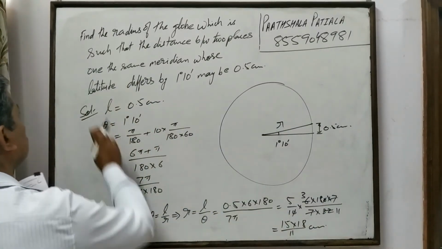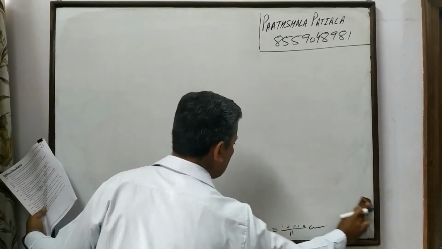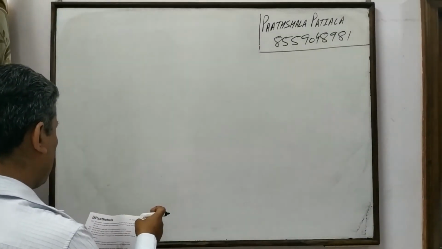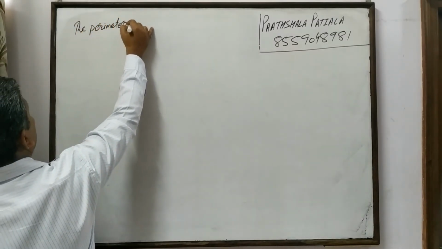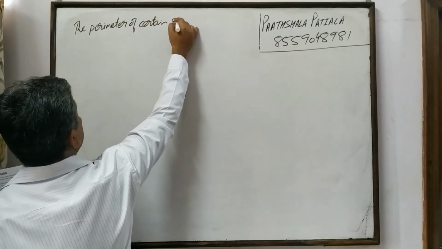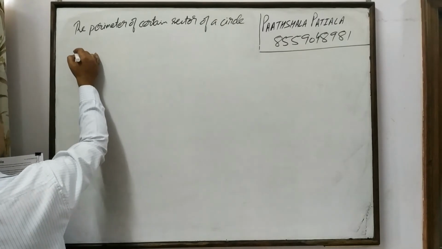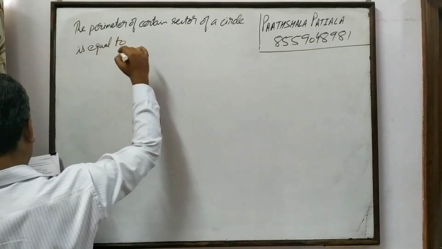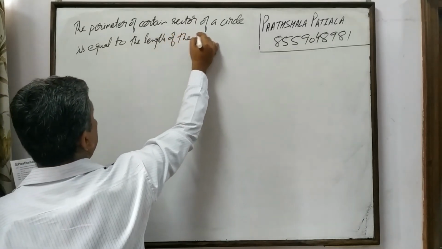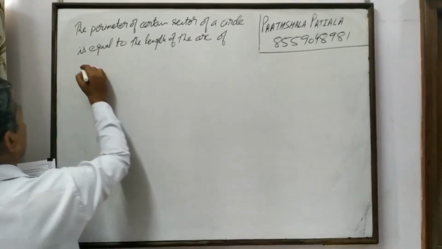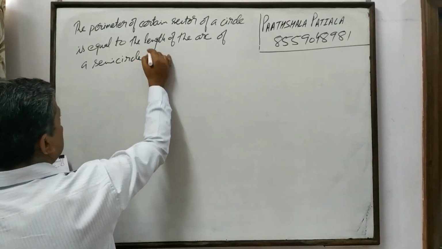Now let's take up another question. That says the perimeter of a certain sector of a circle is equal to the length of the arc of a semicircle having the same radius.